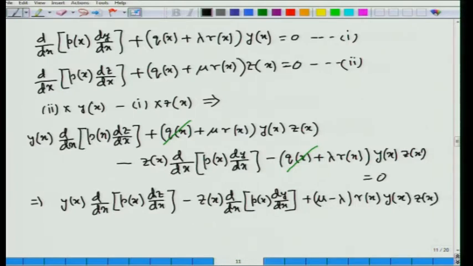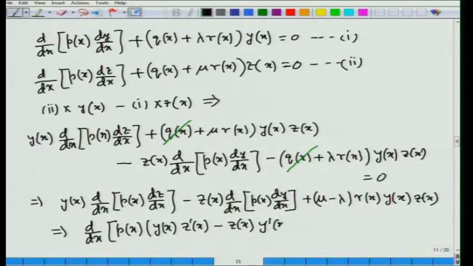And now you can recall from the previous discussion that this part, that is y(x) d/dx of p(x) dz/dx minus z(x) d/dx of p(x) dy/dx, is nothing but the derivative of p(x) multiplied with [y(x) z'(x) minus z(x) y'(x)], equal to (lambda minus mu) r(x) y(x) z(x).